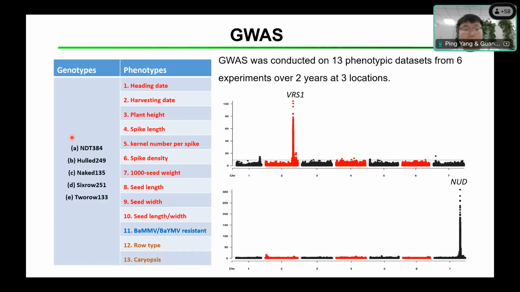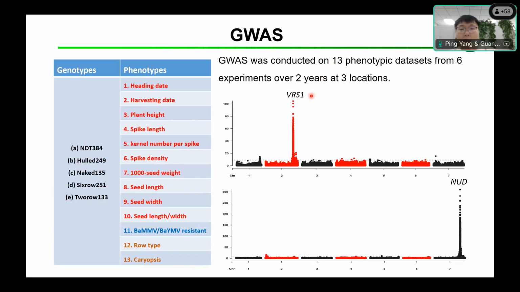Then we divided our genotype data into 5 sets. The first is all samples, and then only hulled barley, only naked barley, only 6-row barley, and only 2-row barley. And GWAS was conducted on these 13 phenotypic data sets from 6 experiments over 2 years at 3 locations.